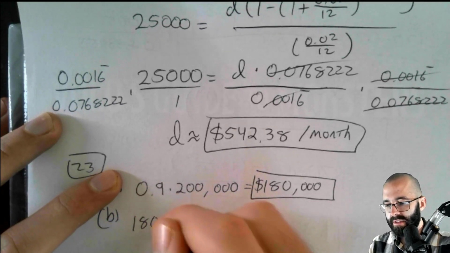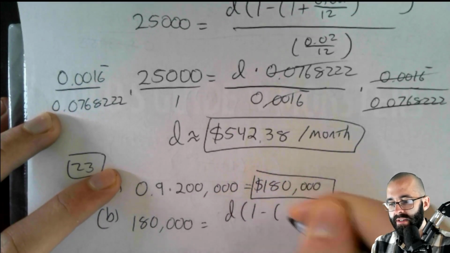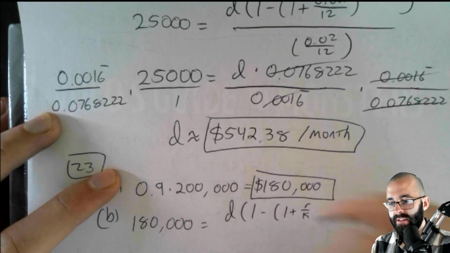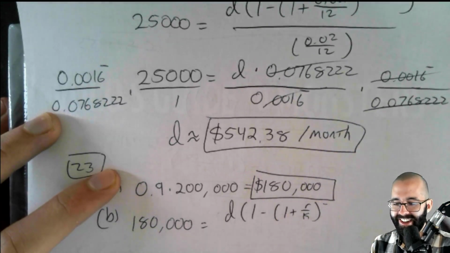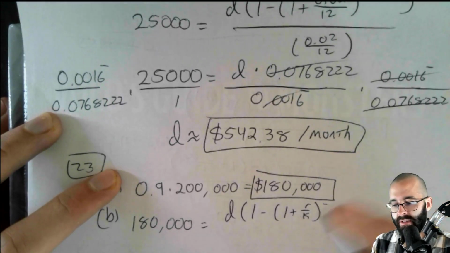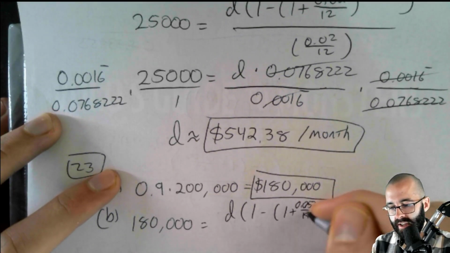So 180,000 equals the monthly payments times 1 minus 1 plus R over K to the negative, I started writing down the full thing. Interest rate is 5%, 0.05. K is going to be 12.